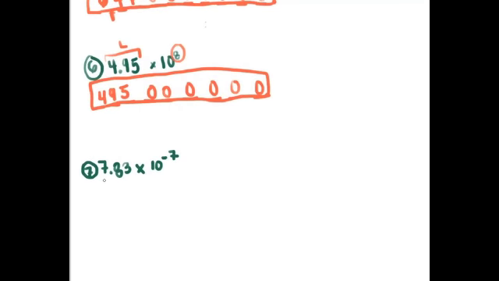So number 7, what we're going to be doing is same thing, but this time my exponent is negative. So when it's negative, remember these non-zero numbers, they end up on the right side. And the only number that gets included in your exponent count when you're putting it on the right side is just this first one.